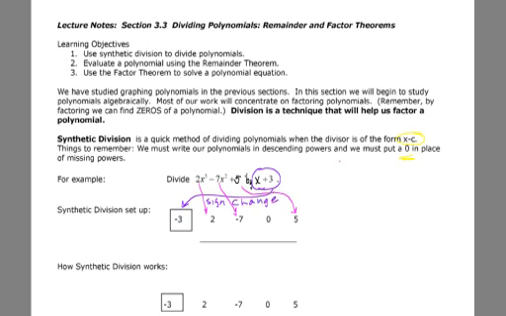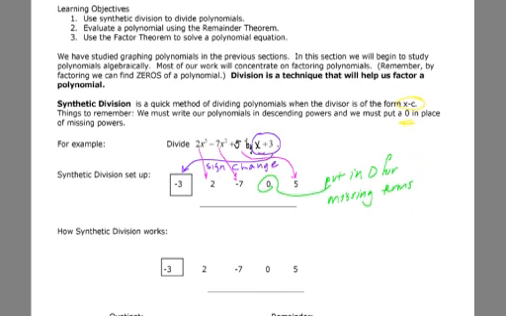Whenever there's a missing power, we have to put in a 0. We'll put a 0 in for missing terms, and the missing term there is the first power. So that's how we're going to set it up. We'll put the number in the box from the divisor, list all the coefficients, making sure we put zeros in for missing terms or missing powers.